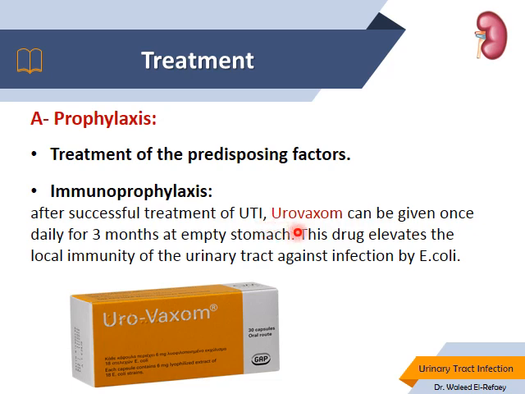It's called Uro-Vaxom. It is like a vaccination against specific strains, about 18 strains of Escherichia coli. So it is like a vaccine against E. coli. It can be given once daily for 3 months on an empty stomach, and this drug elevates the local immunity of the urinary tract against infection by E. coli.